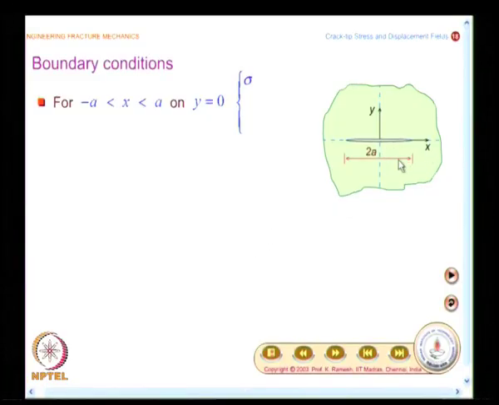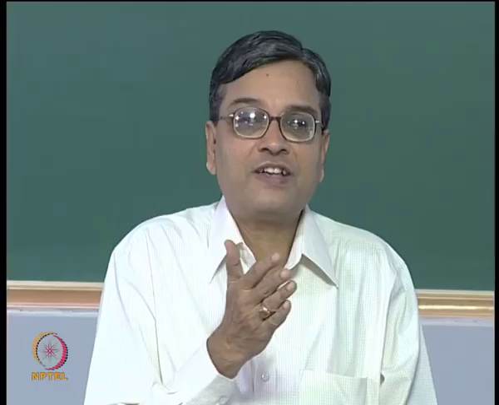What I have here is a crack that is opening up, and how do you classify the crack surfaces? The crack surfaces are free, you should recognize that. You should recognize that it is a free surface, and we are also looking at small deformation.